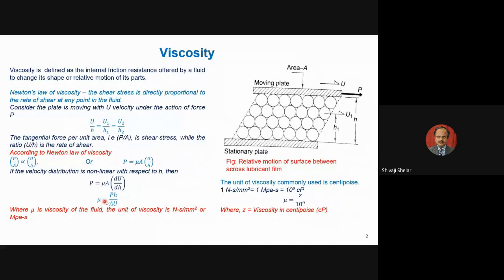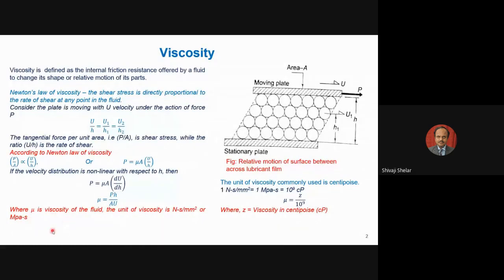So mu is equal to PH upon AU, or dynamic viscosity at that location will be P into height at that location upon the velocity at that location. So this equation is valid only when there is a linear variation, where mu is the viscosity of the fluid and the unit of the viscosity is Newton second per millimeter square or megapascal second.